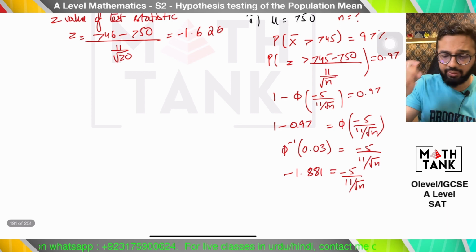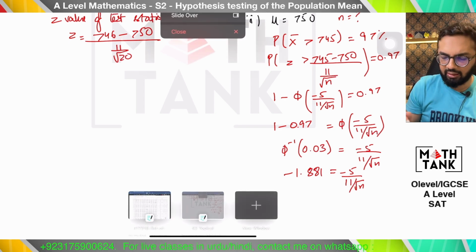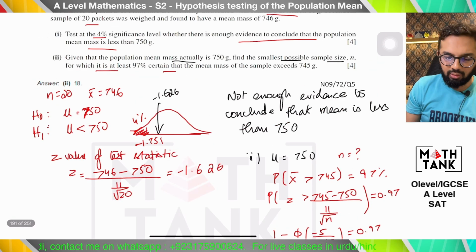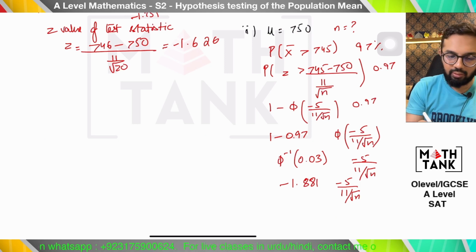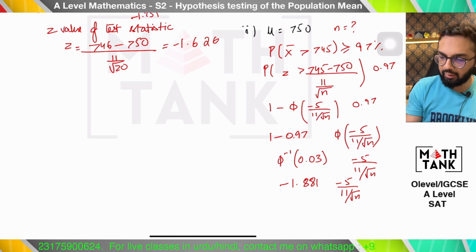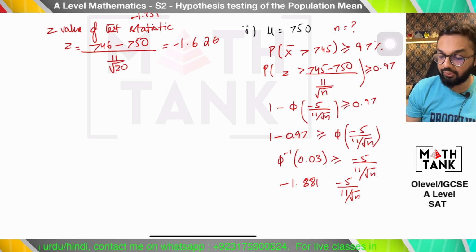Okay, and I'm also going to solve this directly on my calculator. Note there was an "at least", so at least should mean greater than or equal to. When I cancel this, it's going to flip the sign as well.